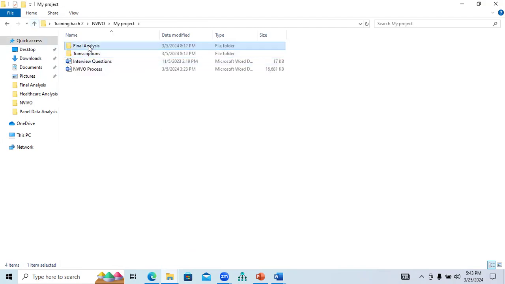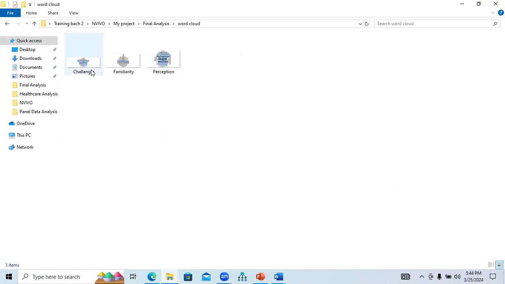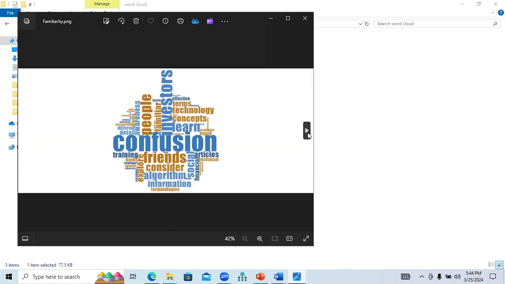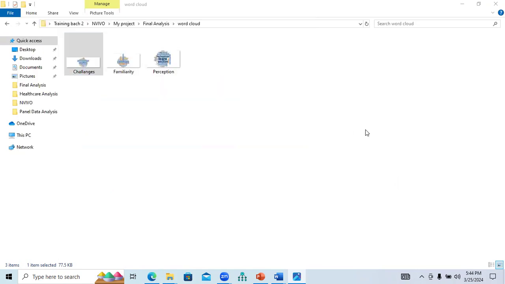I have created a lot of things from this procedure, like the word cloud here. You can see this is the word cloud that I have generated from NVivo. I will let you know how I have created these word clouds.